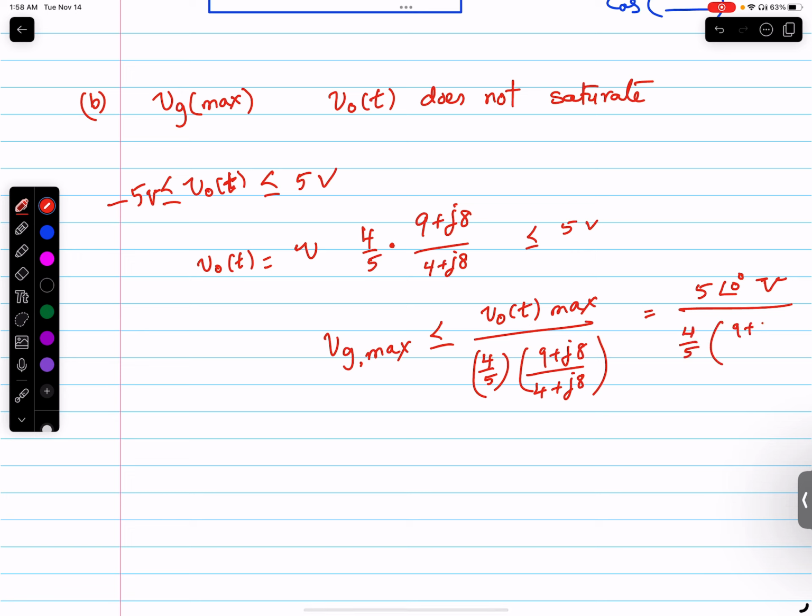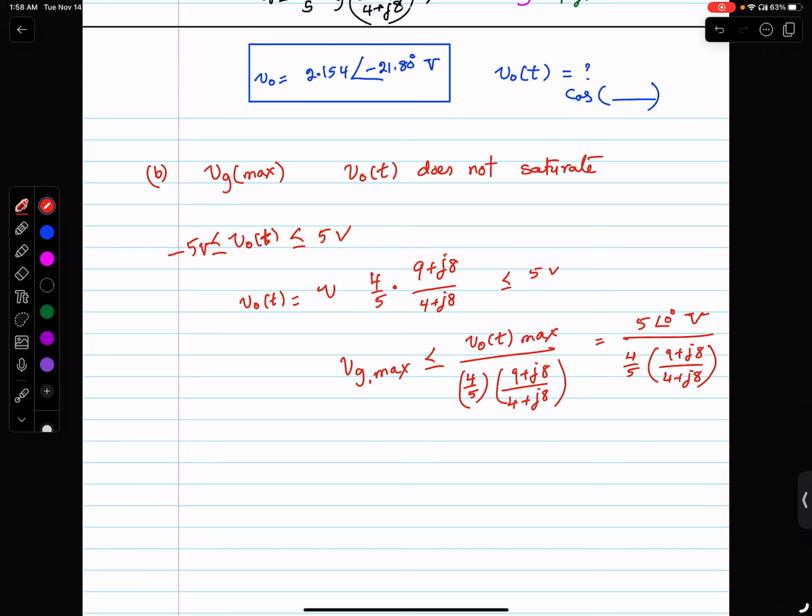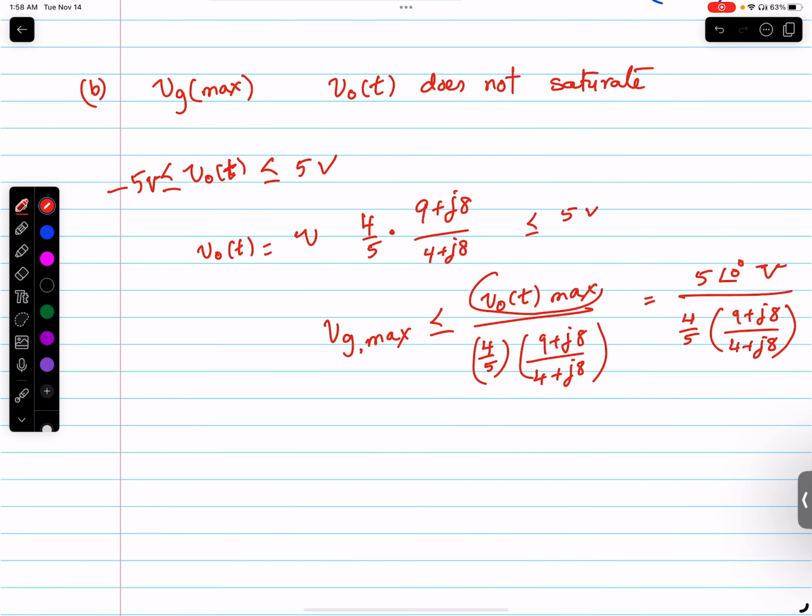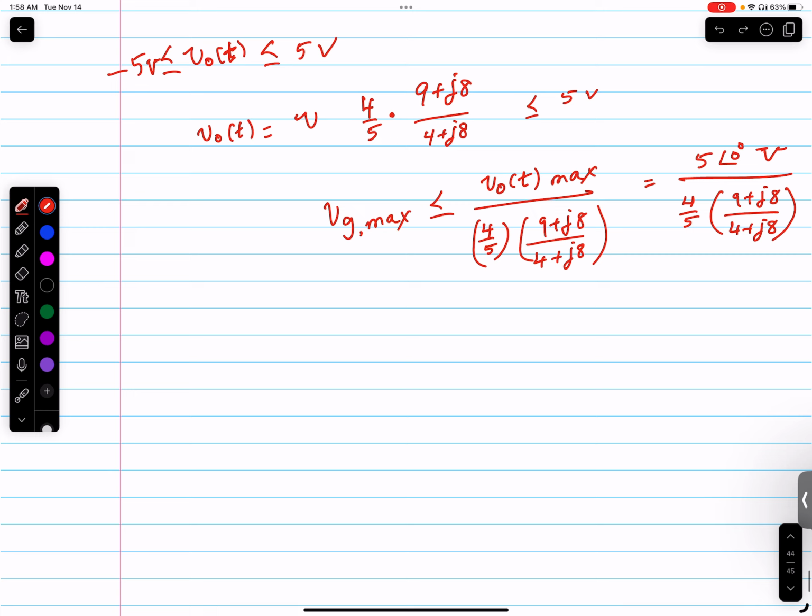I have simply plugged in the value for vo of t. Then you will see that Vg maximum will turn out to be 4.6424 angle 21.80 volts.